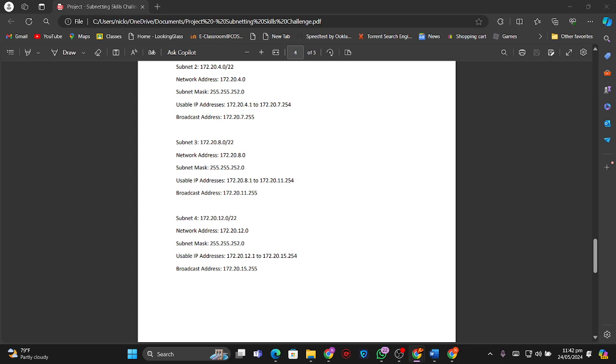Usable IP addresses range from 172.20.12.1 to 172.20.15.254. And finally, the broadcast address is 172.20.15.255. This meets the requirement of 1,000 hosts per subnet.